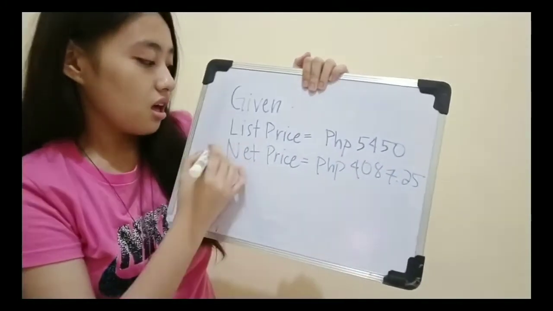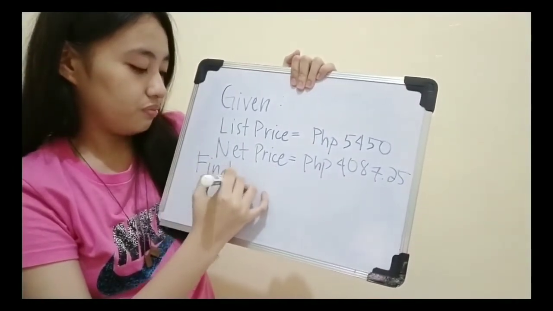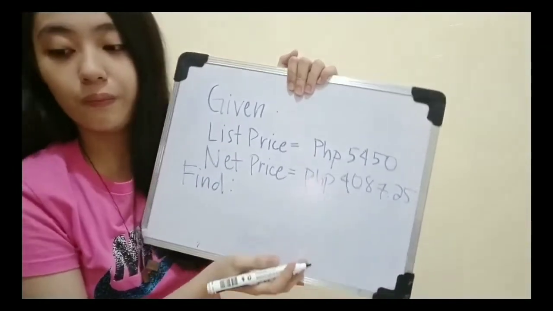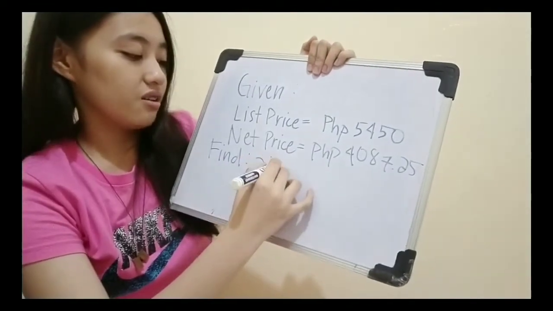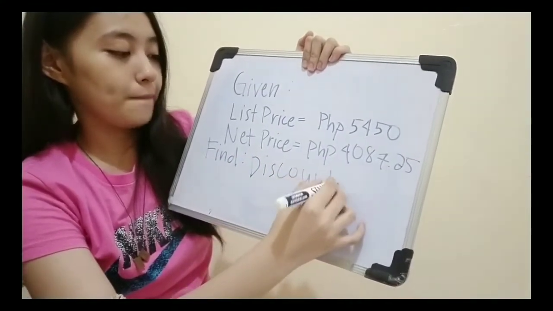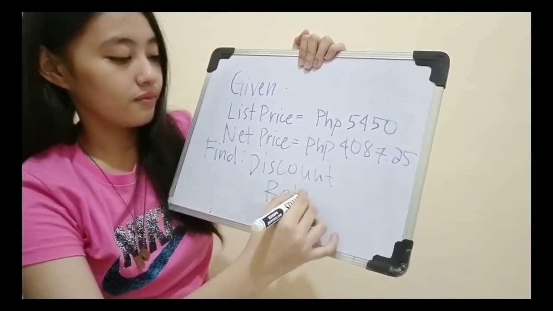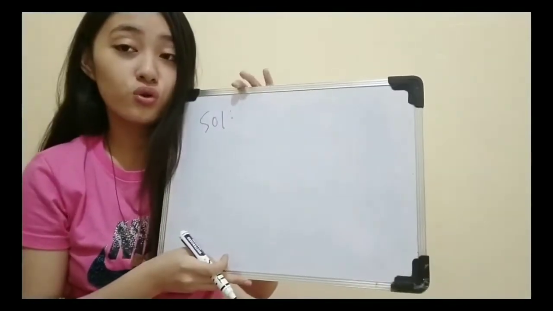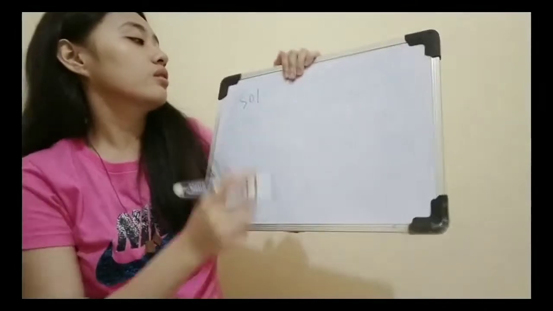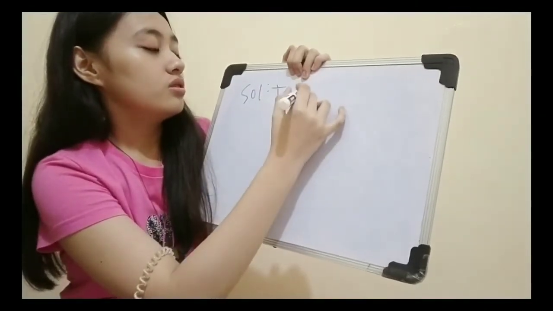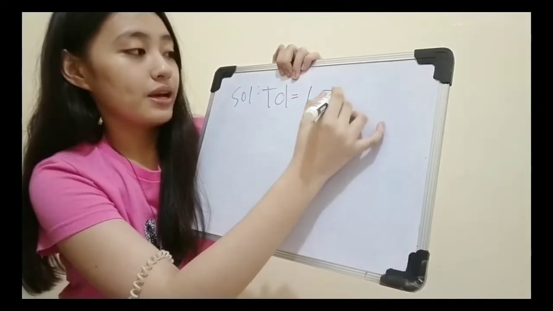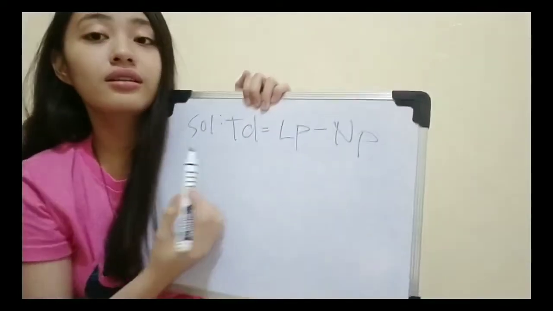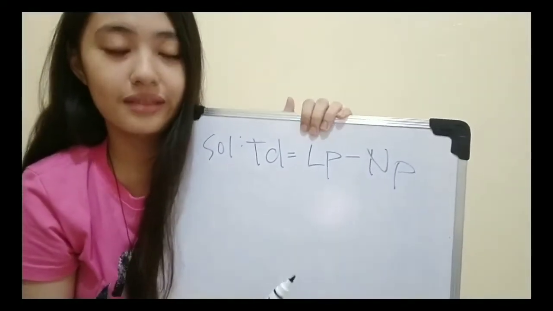And then, ang hinahanap dito ay yung rate of trade discount, or we can also say that it is the discount rate. And so, to solve this kind of problem, we will use this formula na trade discount is equal to list price minus net price. So, trade discount muna ang kukunin natin.